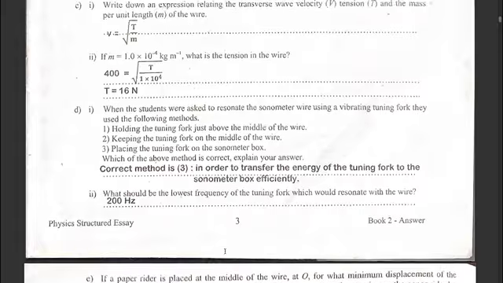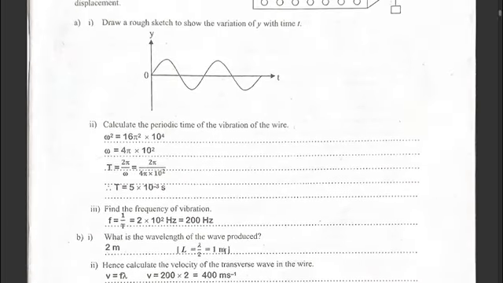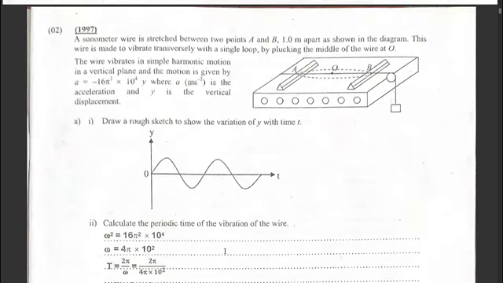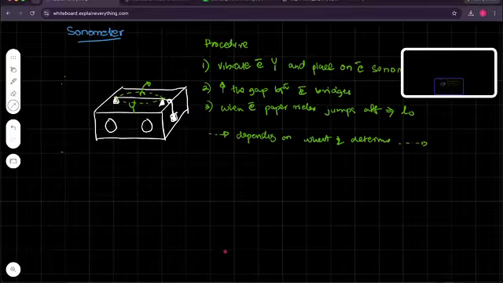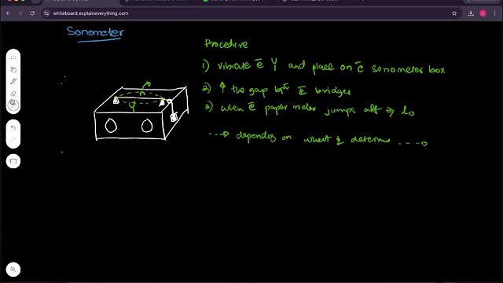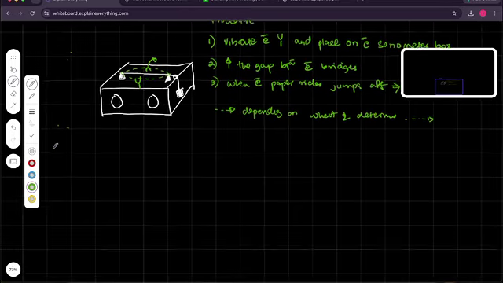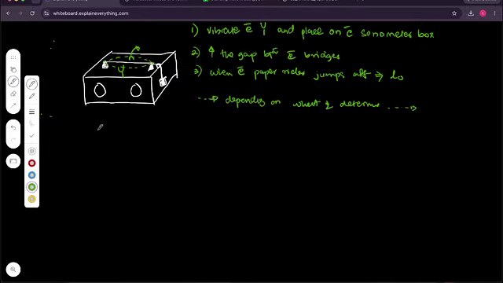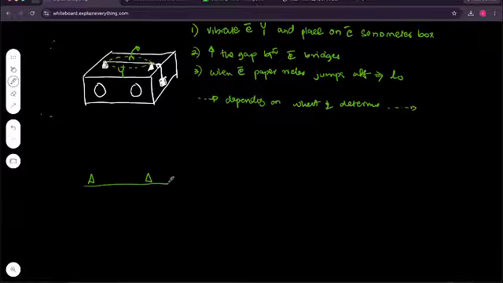From this question, let me summarize what information we can extract. First of all, when the sonometer is vibrating at the fundamental frequency, or when it is vibrating for the first time at resonance, it vibrates with one segment.